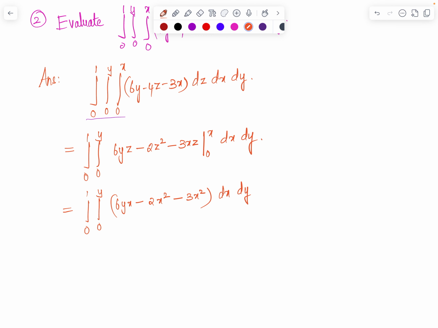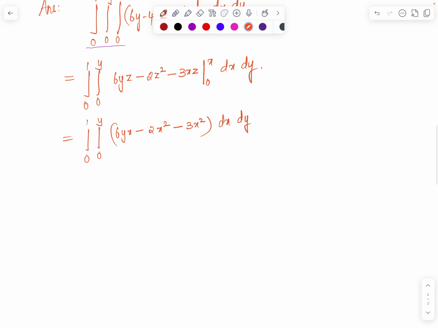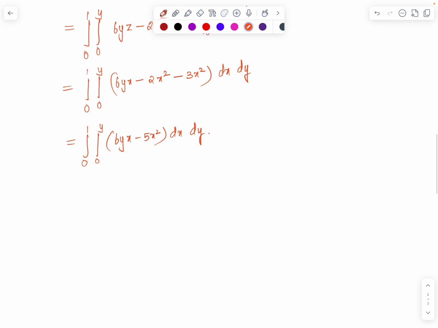So before integrating, as I told, just simplify. So you get 0 to 1, 0 to y, 6yx minus 2x square minus 3x square. It is minus 5x square, then dx, dy. So now I am going to integrate with respect to x. So 0 to 1. If there is x, integrate.